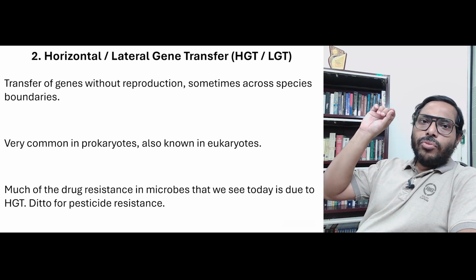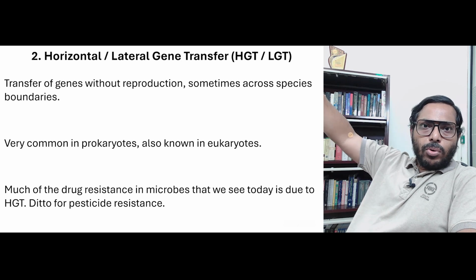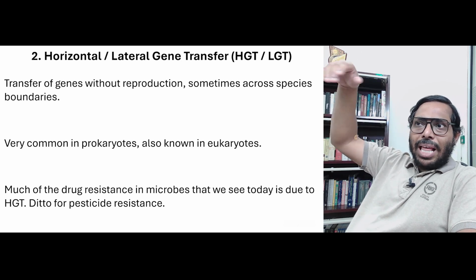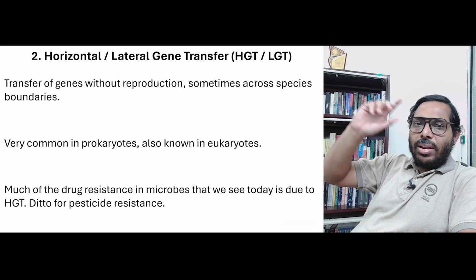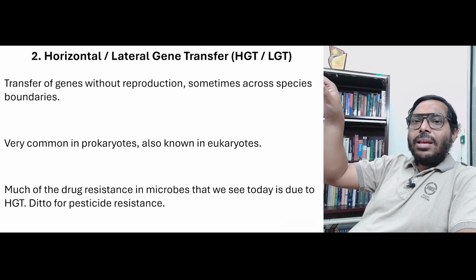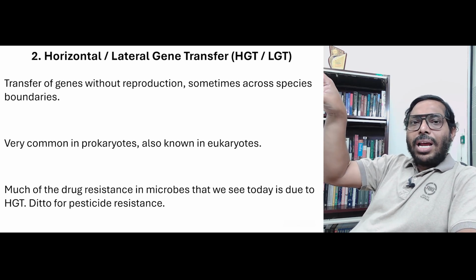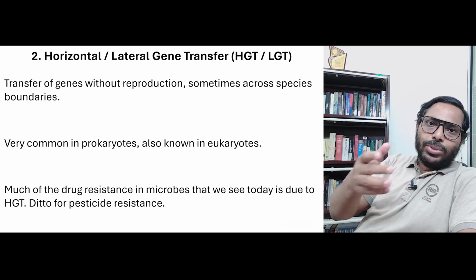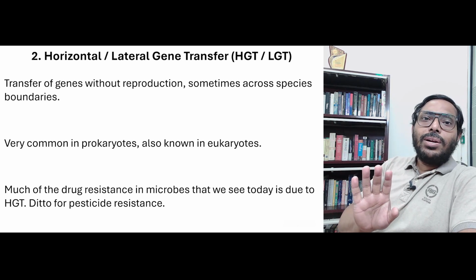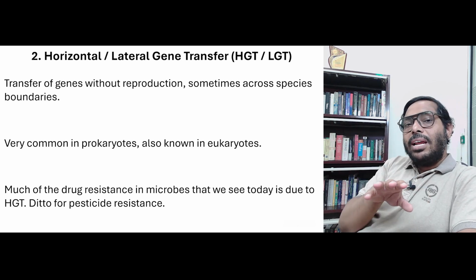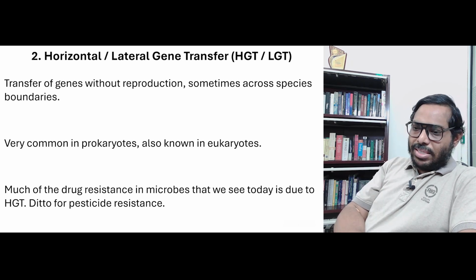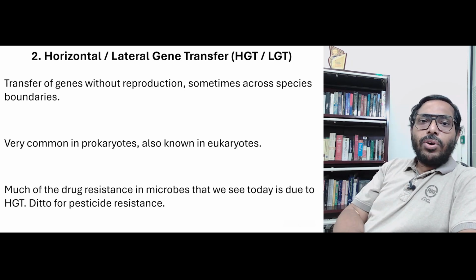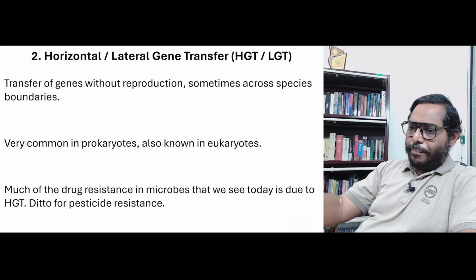Basically, you treat one pathogen with your latest antibiotic, but that pathogen ends up developing resistance to it, and then that gene from that pathogen goes into other pathogens for which you have never used that antibiotic, but they end up getting that gene anyway, and therefore on their own they end up becoming multi-drug resistant. The same thing happens for pesticide resistance as well, particularly in bacteria.